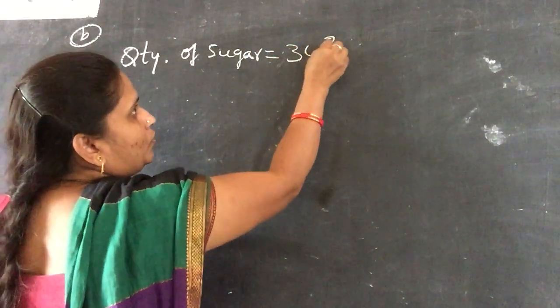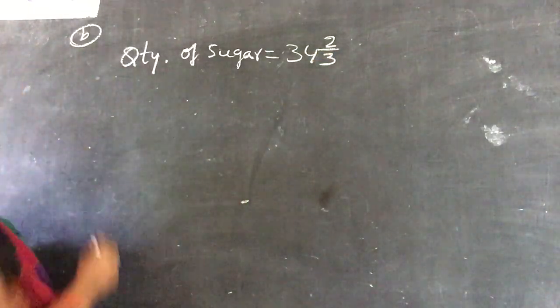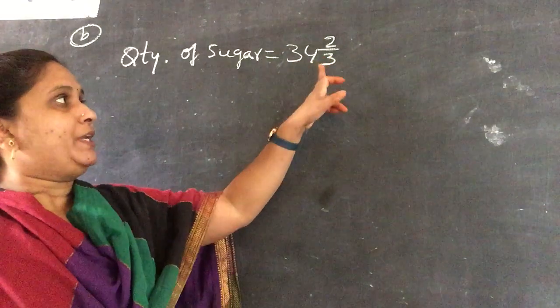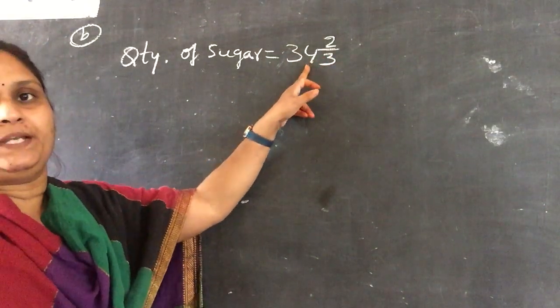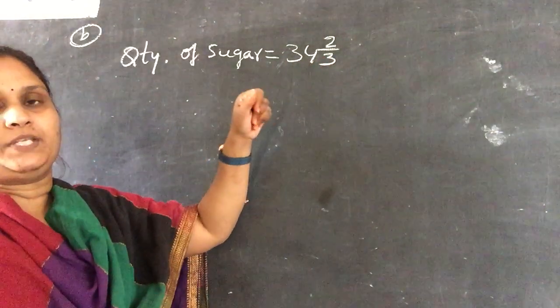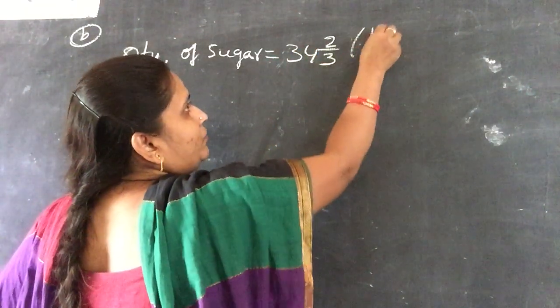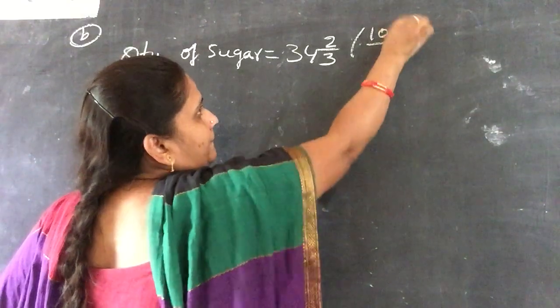34 2 by 3, and this 34 2 by 3 we have to convert into an improper fraction. So 34 into 3: 3 4s are 12, 1 is the remainder, and 3 3s are 9 plus 1 is 10. It means 102 plus 2 is equal to 104 by 3.